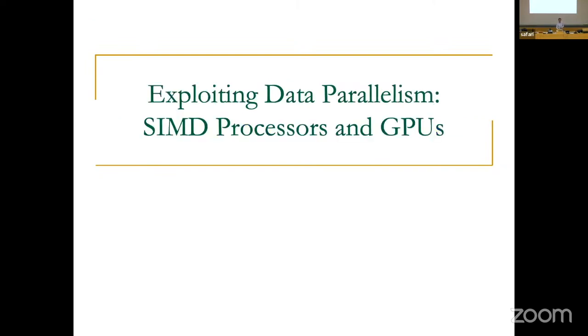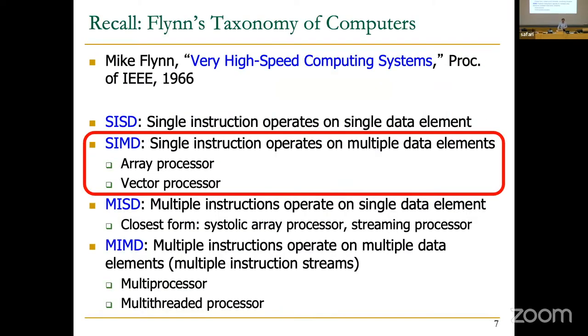Remember, SIMD processing is all about single instruction, multiple data. We're exploiting regular data level parallelism. And we discussed the seminal paper that divided the computing spectrum paradigms in terms of the instructions and the data on different axes. And single instruction operating on multiple data elements falls into SIMD. And we discussed two types of pure SIMD processors, array processors and vector processors.